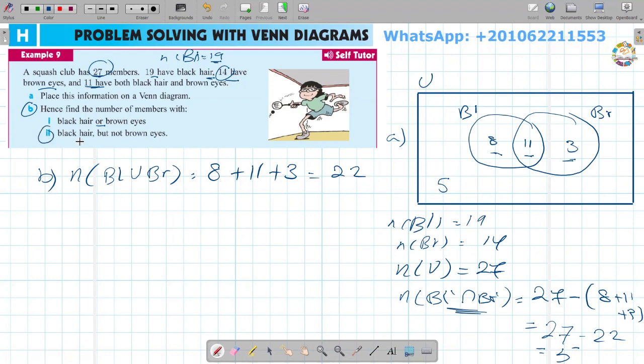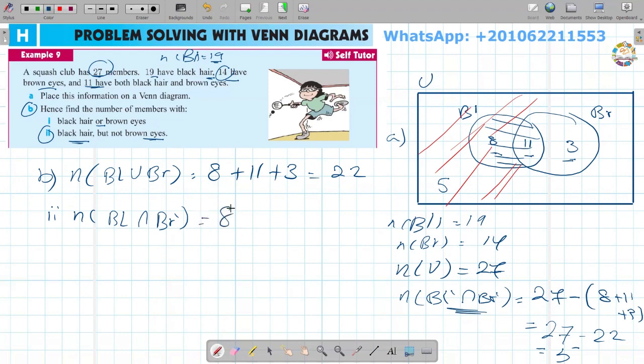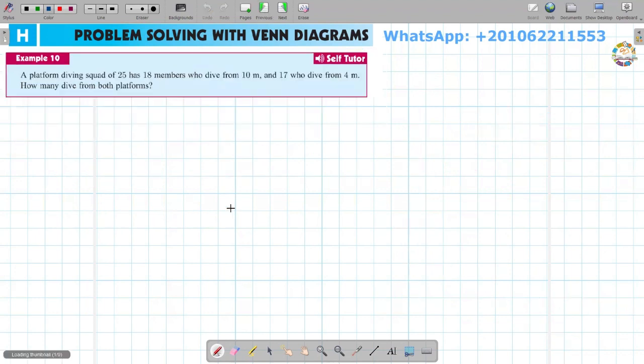And the next question: black hair but not brown eyes. That is black intersect with the complement of brown, which is black intersect with anything except brown eyes, meaning just 8. This is the solution: just 8 members.